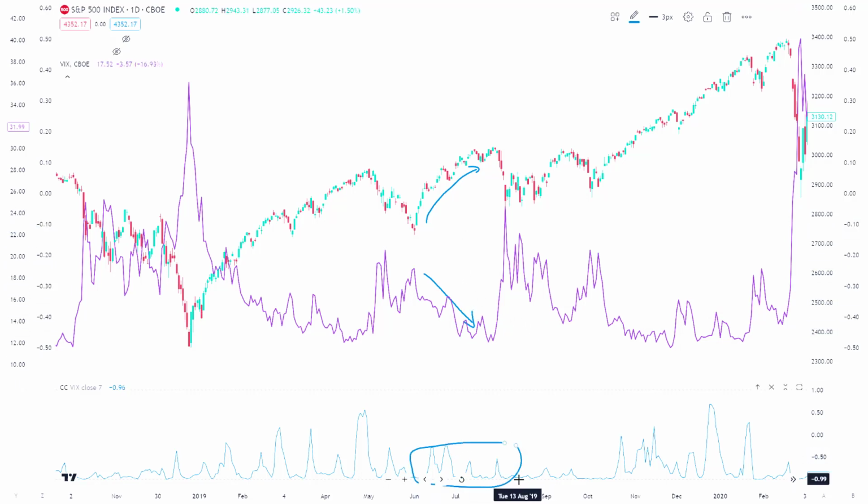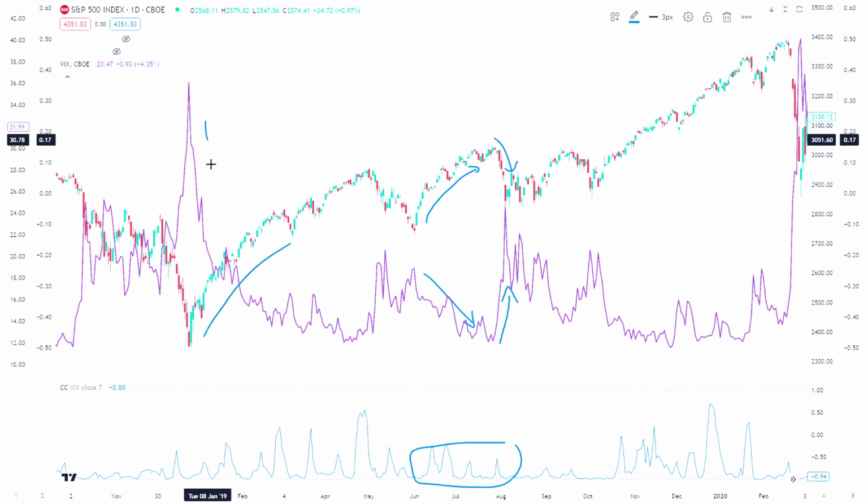Most of the time it stays under 0. And then when the market comes down, we end up having a volatility spike and more indecision. The market goes up and down a lot more. In general, this kind of sticks around.